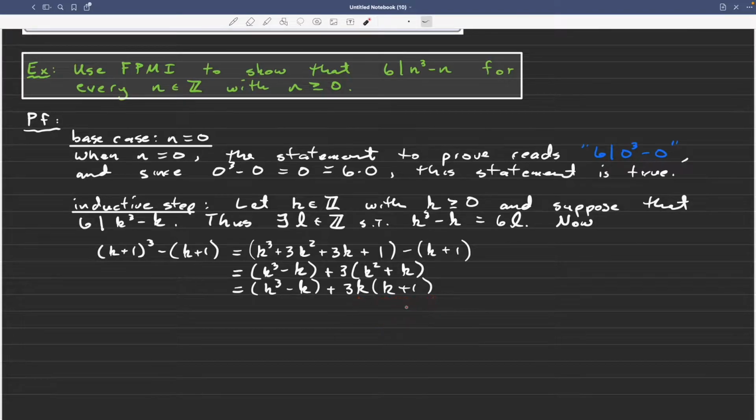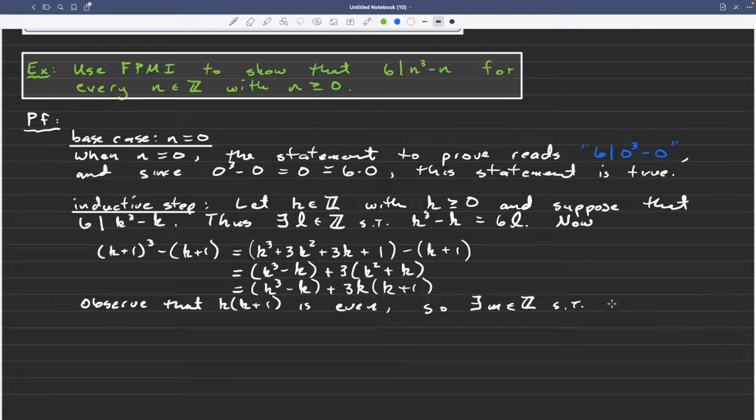So I guess I need to point that out. So let's observe that k times k plus 1 is even. So there exists some m in the integers such that k times k plus 1 is equal to 2 times m. So now we've got what we need.